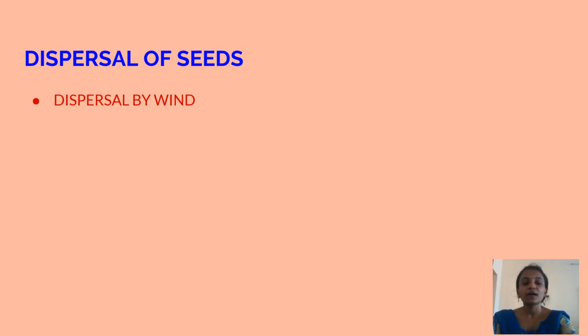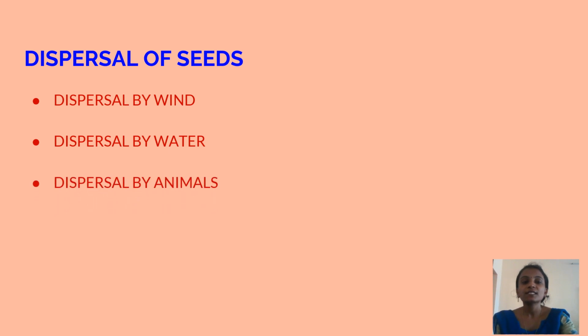What are the agents? Wind, water, animals and explosion. These are the four agents for the seed to get dispersed. What do you mean by dispersal? The movement or scattering of seeds from one place to another place is called dispersal of a seed.